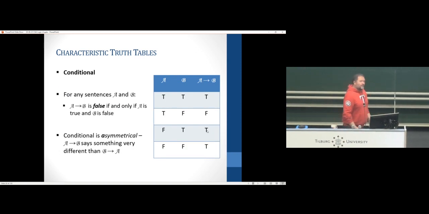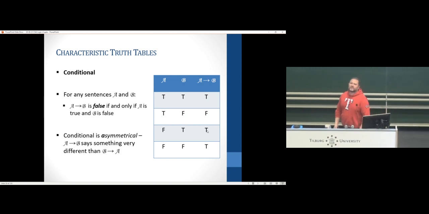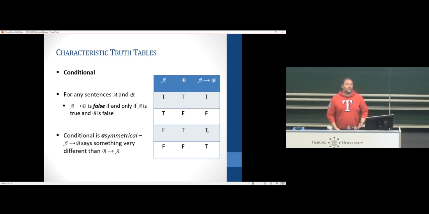We've got all of the characteristic tables. Again, the easiest way to think about these is basically as input-output functions. The tables tell us, here's what the values for the inputs are, and then they tell us what the output value must be.